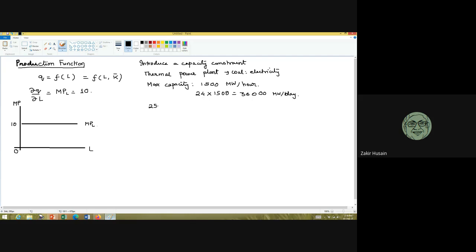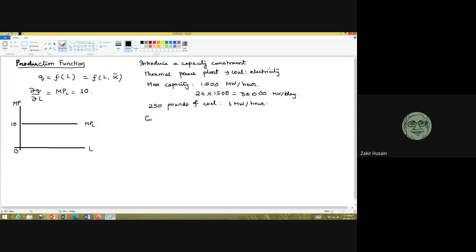Let us assume that we require 250 pounds of coal to generate 1 megawatt per hour. Okay.